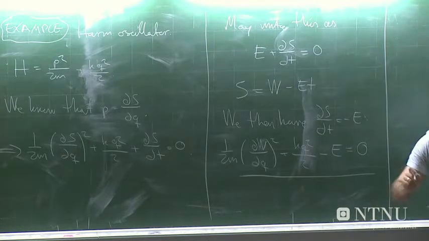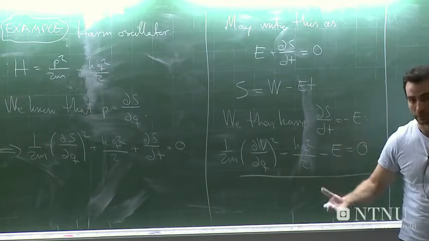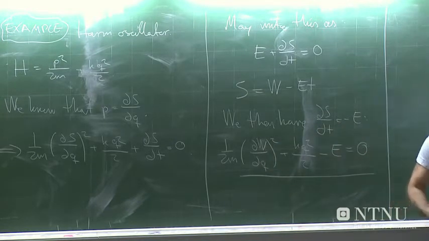W is a function of Q and a set of integration constants. So we should be able to isolate the partial derivative here and then integrate it over Q to find W, and then some integration constant.